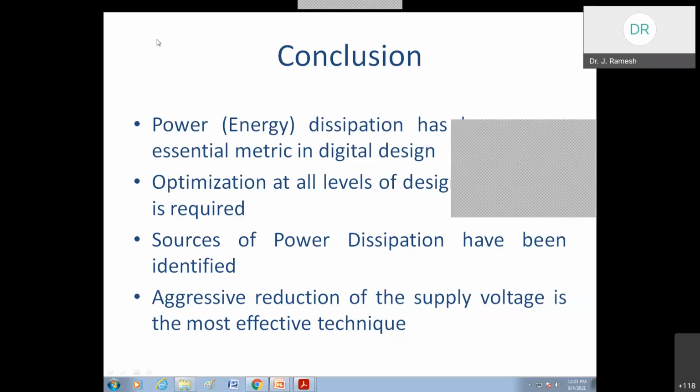So what we have decided is we have taken all the current mirrors, that is all the current sources, starting from the simple current source to the Widlar current source, Wilson current source. Like that, all the current sources we have taken, and then we made an analysis of which current source consumes less power and gives higher linearity as far as the charging of the capacitance is concerned.